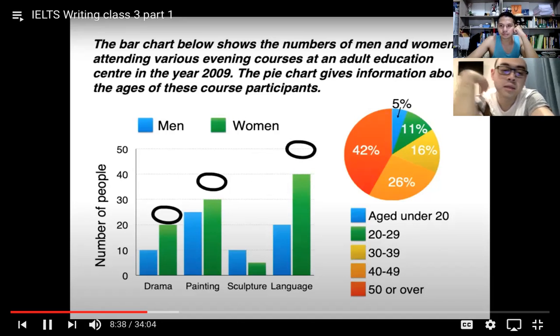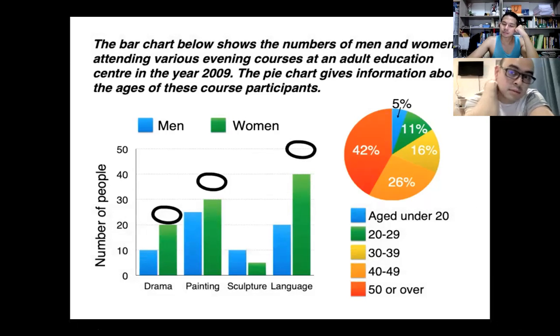While I drew 3 circles. Drama, painting, language. So after you read, take a closer look at the bar chart, you will see there are 4 categories: drama, painting, sculpture, language, right? Men and women, number of people. So I think these 3 bars is something that I think is very important, and I want to tell people what is that.